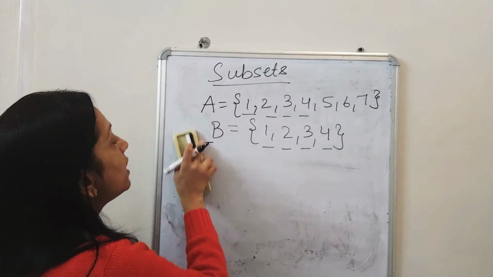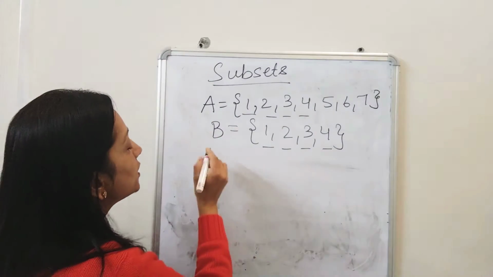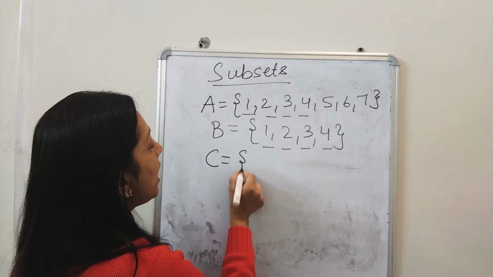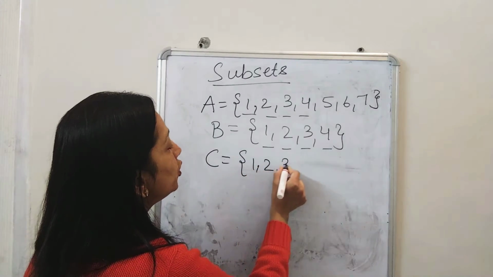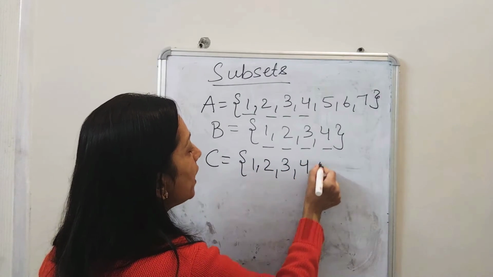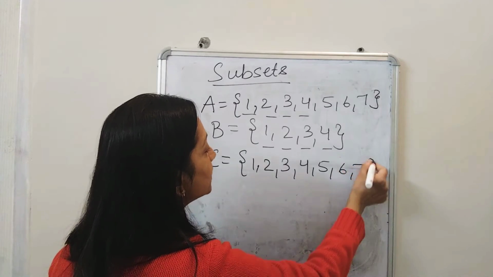Now there is one more condition. Let us assume there is one more set C having members 1, 2, 3, 4, 5, 6 and 7.